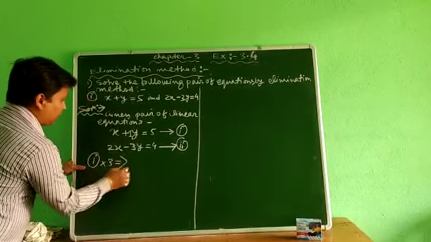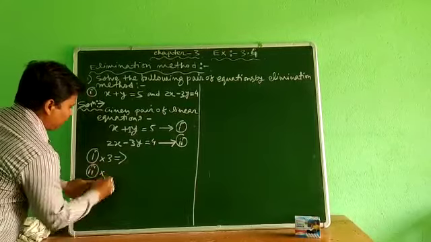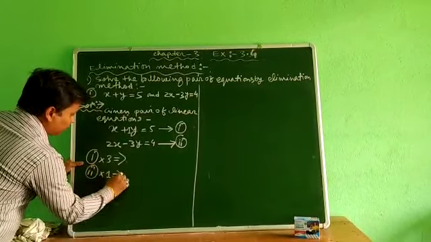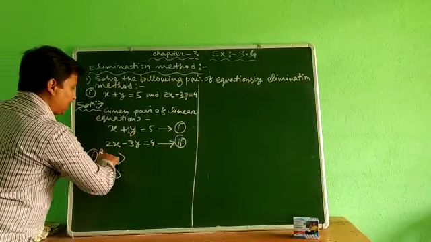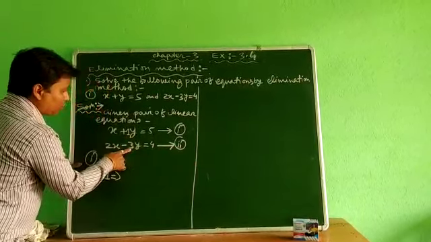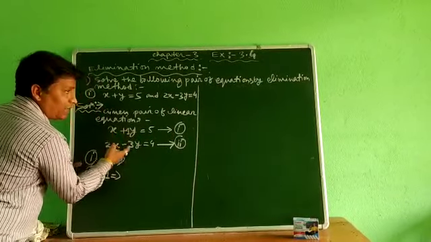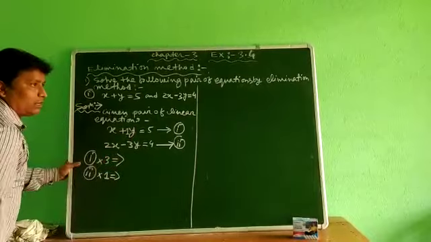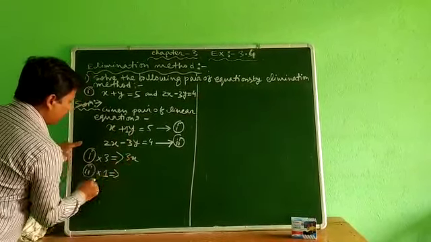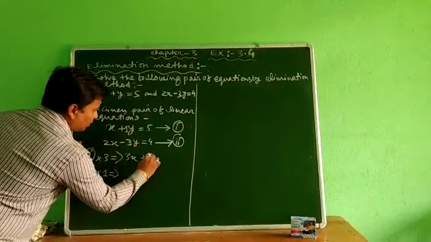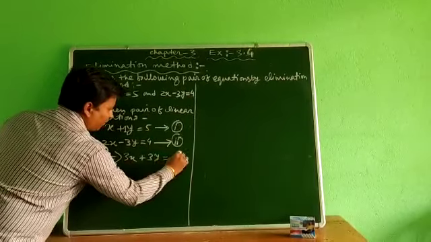Then equation number 2, multiply with 1, because 1 is the coefficient of y. By this coefficient you multiply 3, and by this coefficient you multiply 1, to get the same coefficient of y. So now see, 3 into x, 3x, 3 into 1, 3y, 3 into 5, 15.